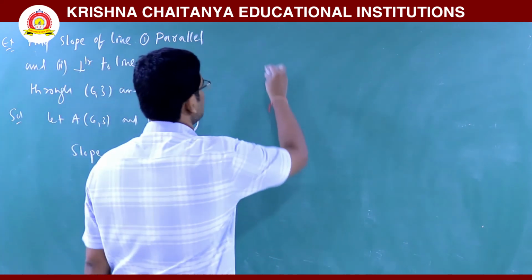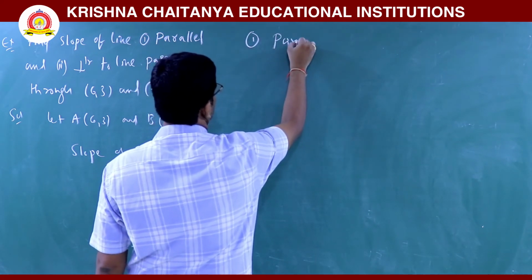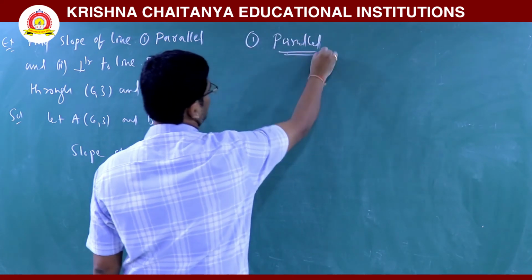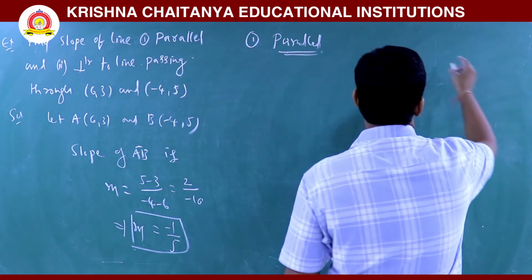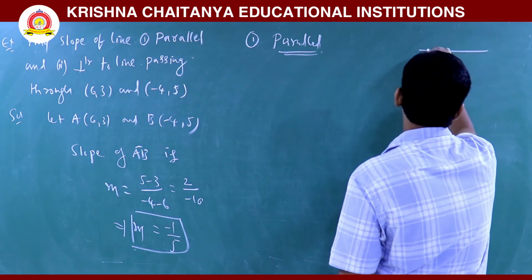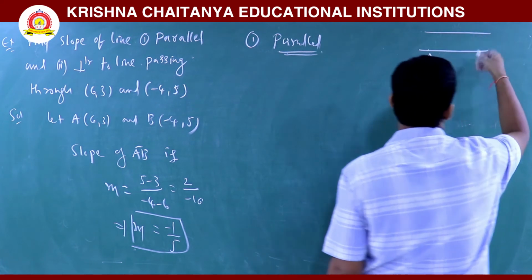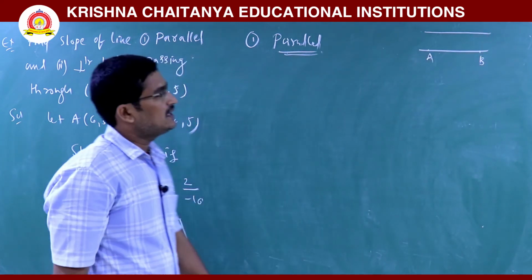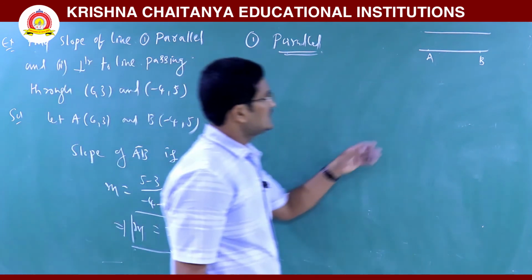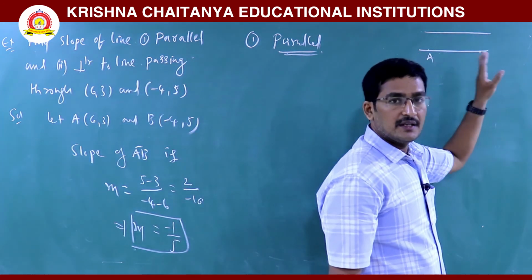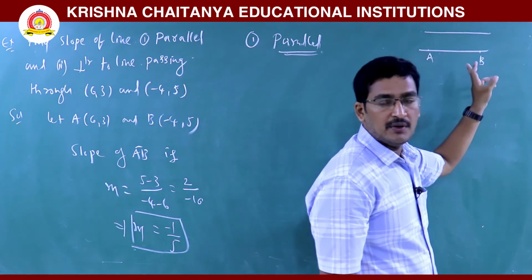In the coordinate system, this is A, this is B, and this is a parallel line to AB bar. The slope of AB bar is minus 1 by 5. Now you tell the slope of this line which is parallel to AB bar.